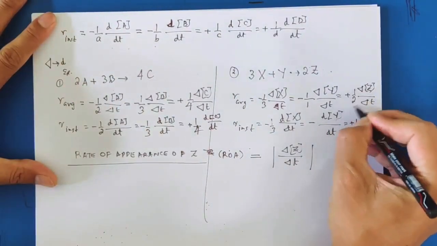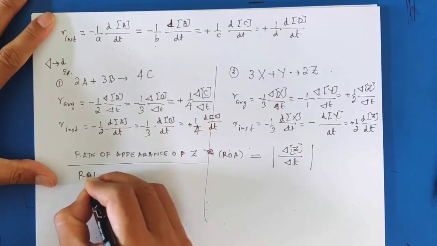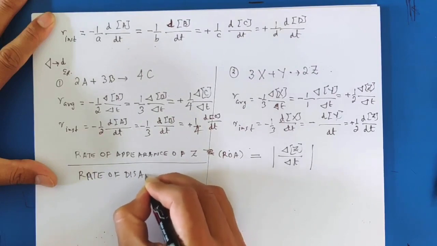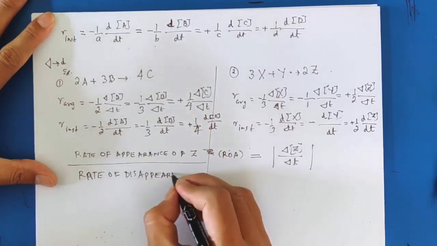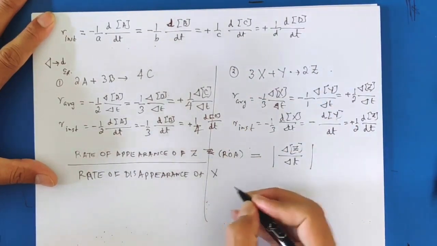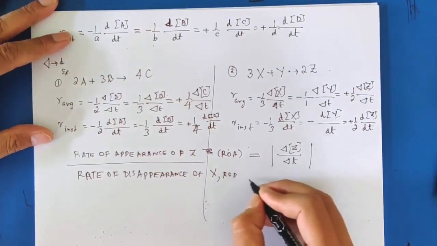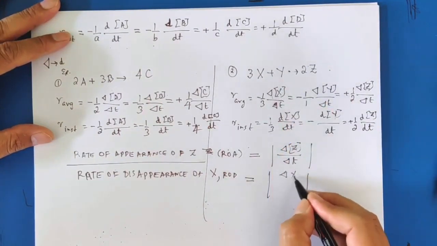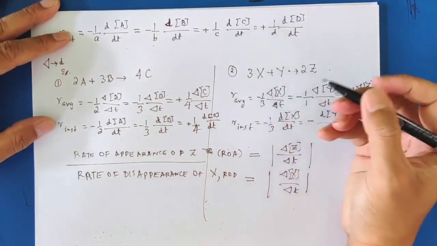And for the rate of disappearance of reactants, of any one of them, say X, the rate of disappearance of X will be the modulus of del X by del t, with no coefficient below.